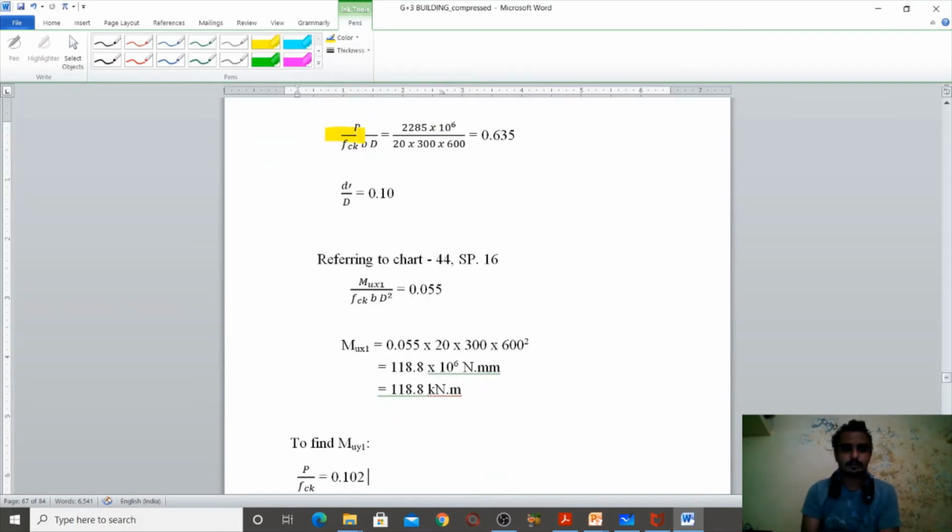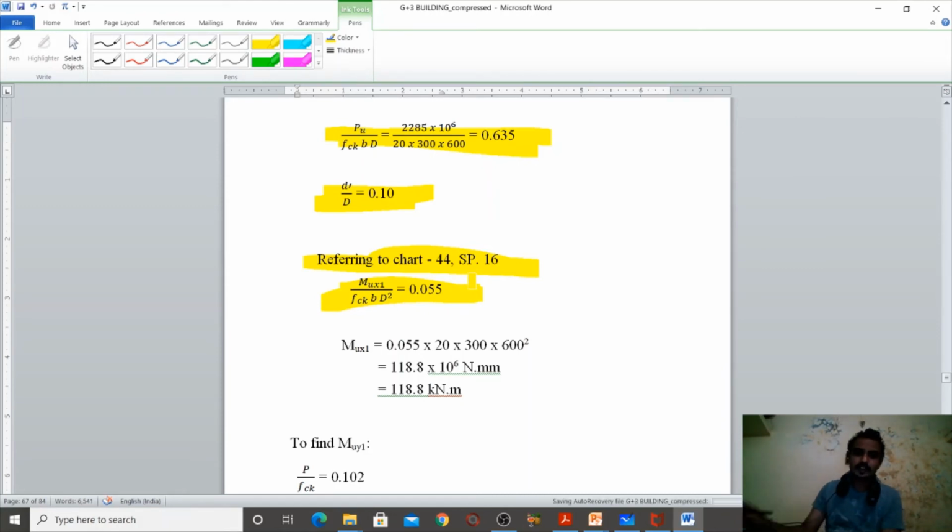Then after PU, PUFCK is chart and MUX1 upon FCK square. We have to find out MUX1, and this value is 11.8 kilonewton meter.